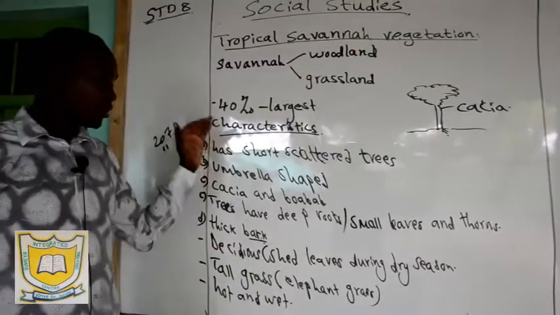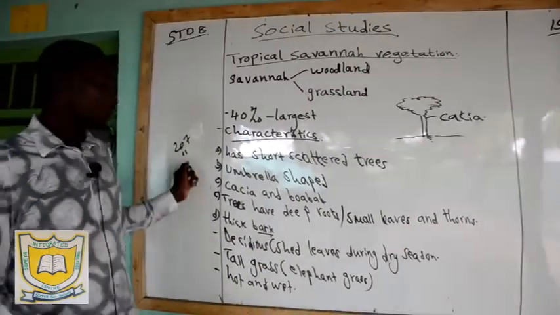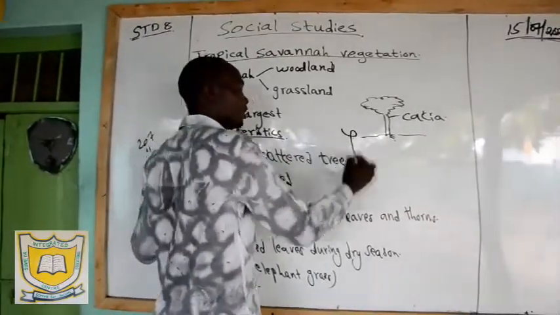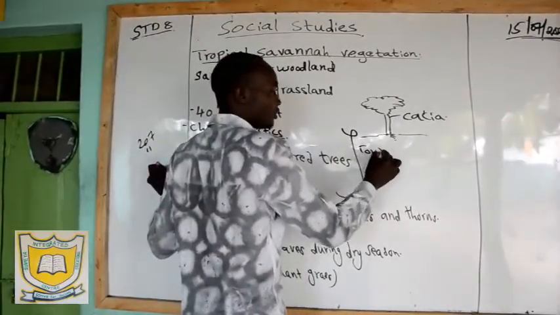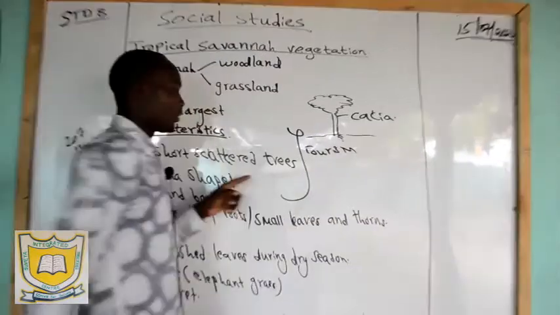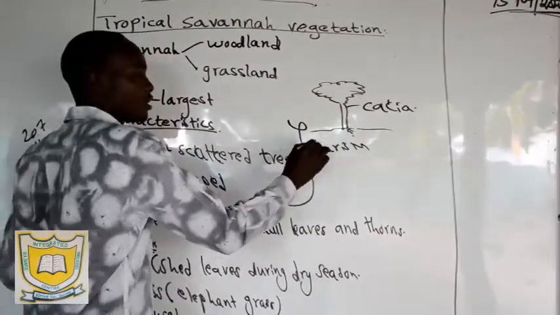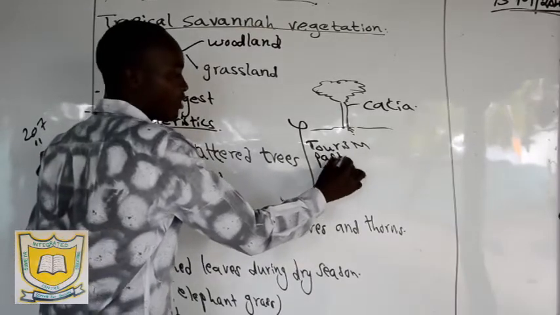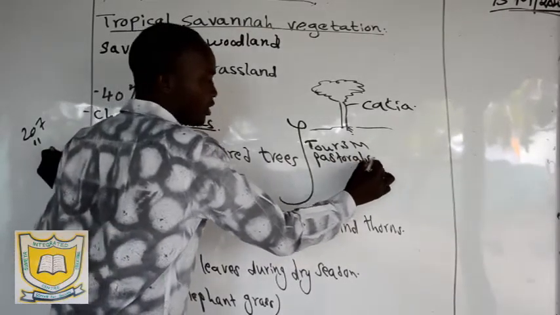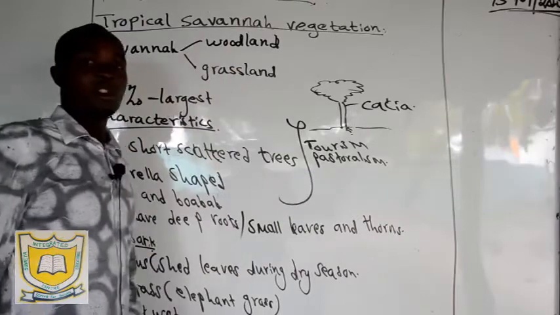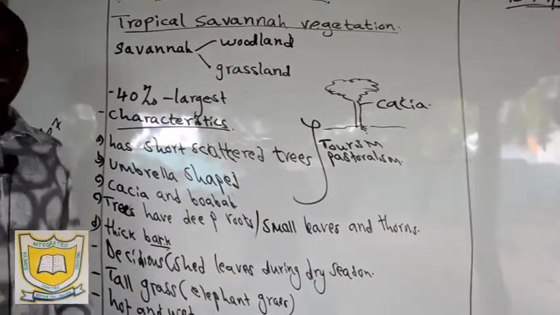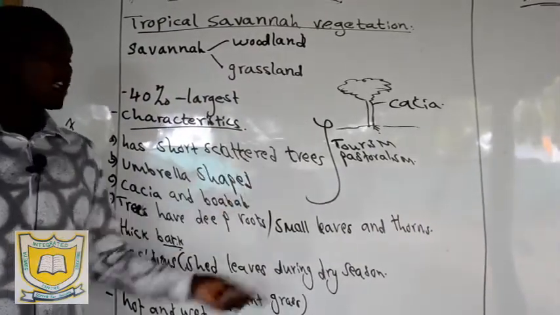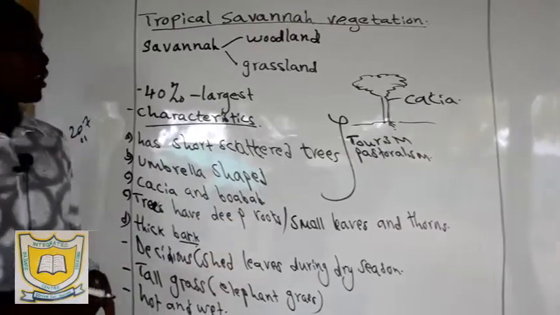The economic activities you can practice in the savanna region: we have tourism, because in the savanna we have wildlife. Then we have pastoralism. Pastoralism is the keeping of livestock or beef animals, especially in Maasai land, like the Masai Mara Reserve.